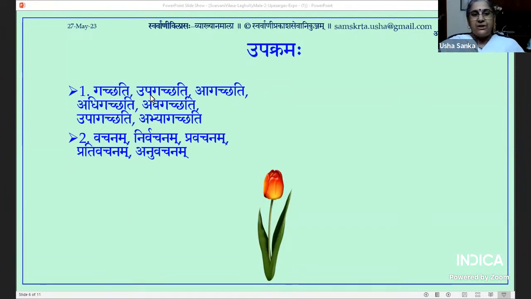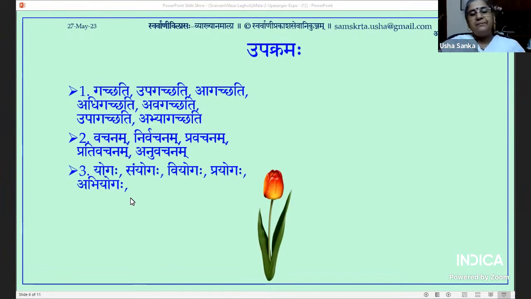So apart from gacchati, there is upa, aa, adhi, ava, upa, abhya. Okay, so these are the elements apart from the one common element that is repeating. The one common element repeating is gacchati, and apart from that we tried to see what is changing. The same thing happens with the next set of words.